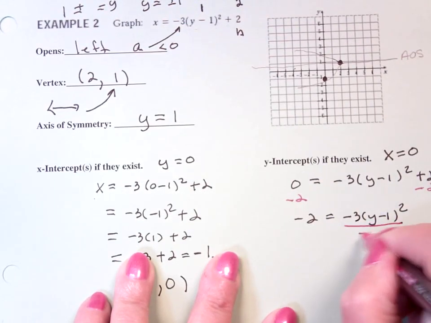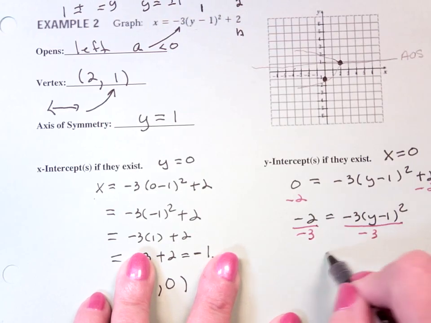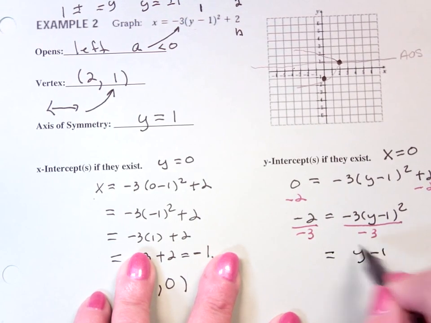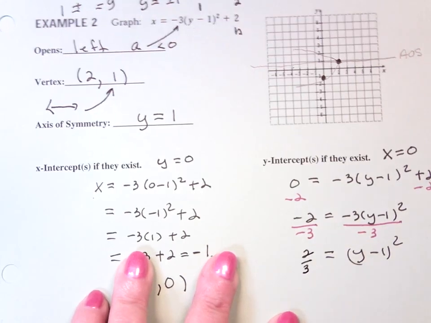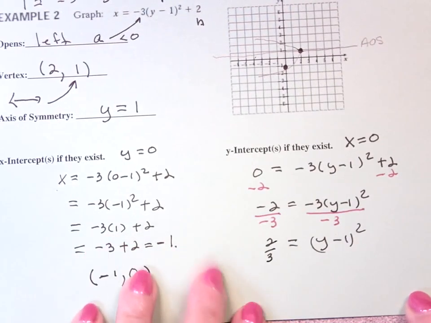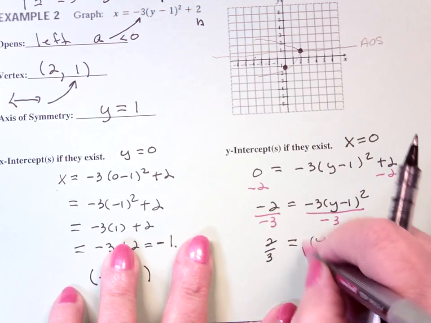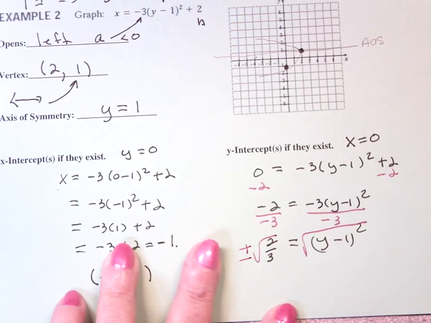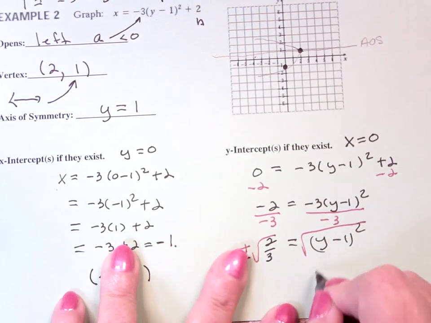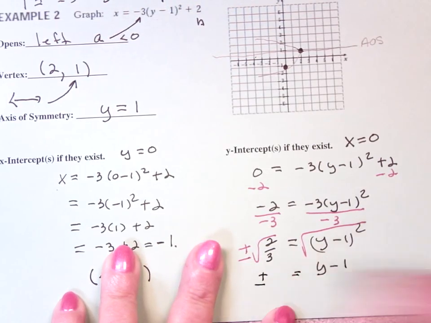Divide by -3. y minus 1 squared equals 2/3. See, these are unpleasant. So now we get to take the square root of both sides. Don't forget the plus or minus. So that y minus 1 equals plus or minus the square root of 2/3.